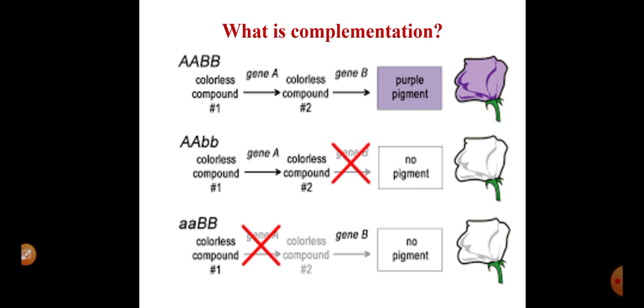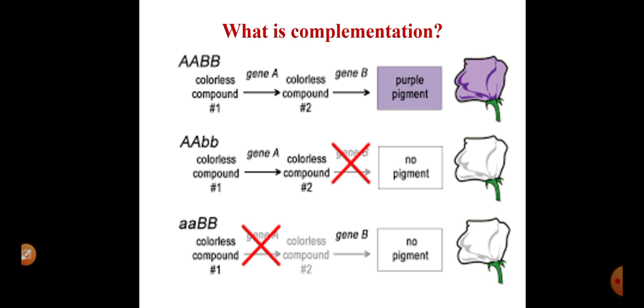Here, with the help of color formation pigment, a colorless compound is acted on by gene A and again by gene B. If the dominant genes are expressed, the purple pigment is formed in the flower color, and if gene B is not present, then there is no pigmentation.